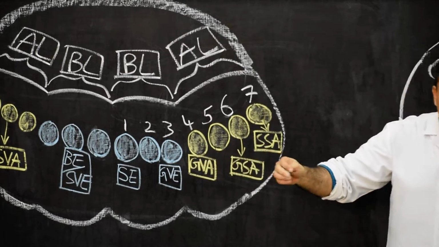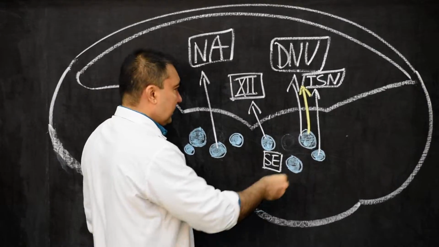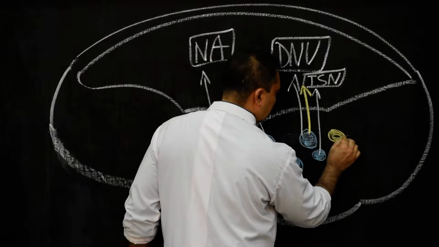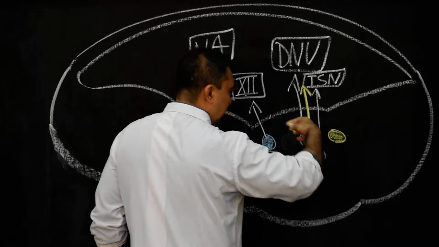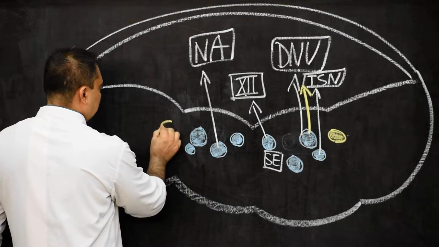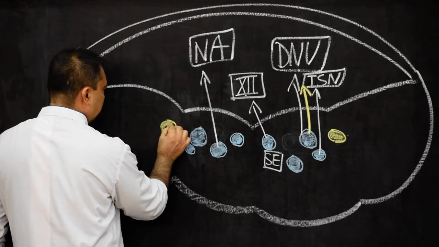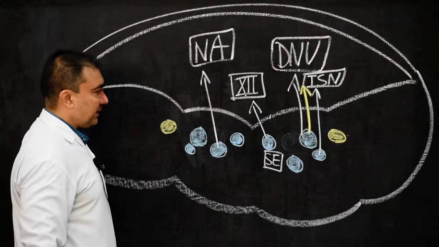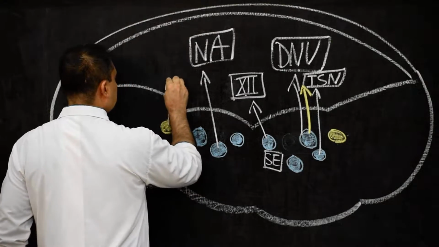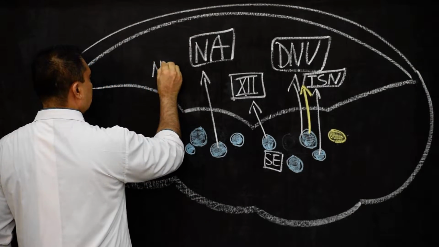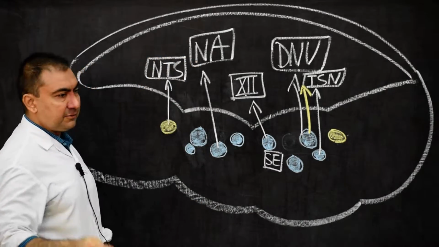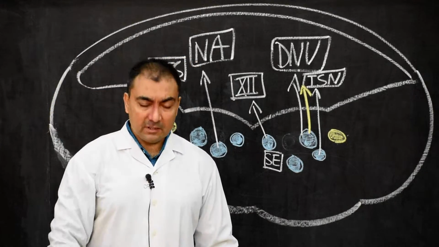That will be represented by a very small nucleus beside the dorsal nucleus of vagus nerve, situated laterally or dorsolaterally to it, and that nucleus will be known as the nucleus of tractus solitarius. So here we will write down the nucleus of tractus solitarius, and this nucleus will develop from which functional column?